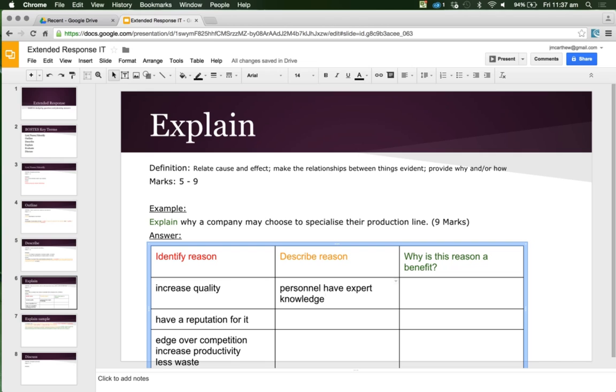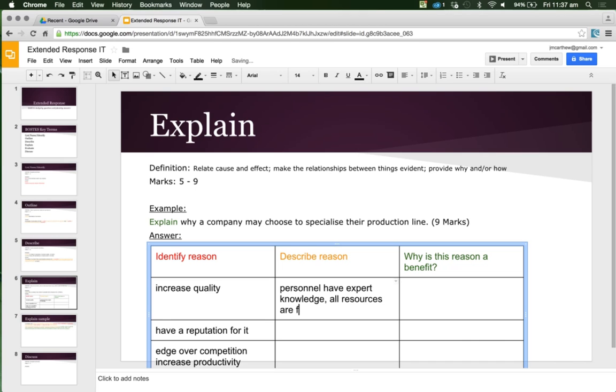You could put more in there if you wanted to. But you're describing that an increase in quality means that, yep, you got one? Yep. We've now described what we mean by that increase in quality.